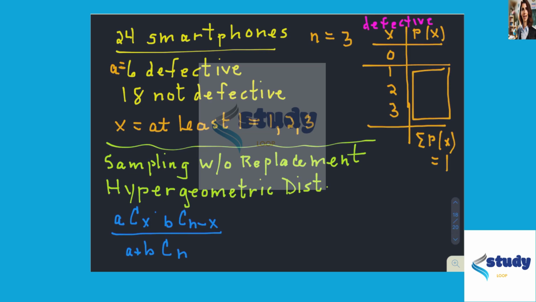And the B represents the unfavorable, so in our instance, B is going to be the 18.